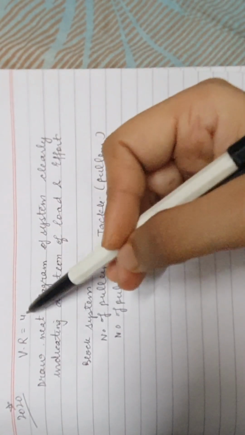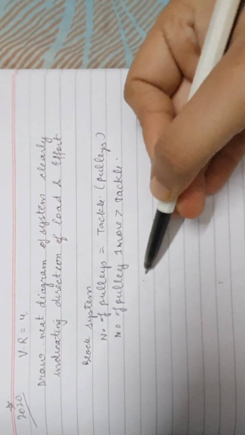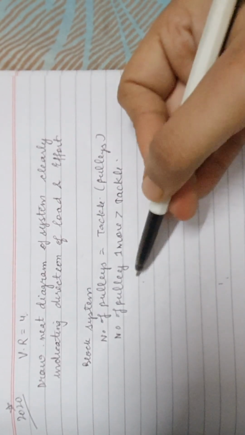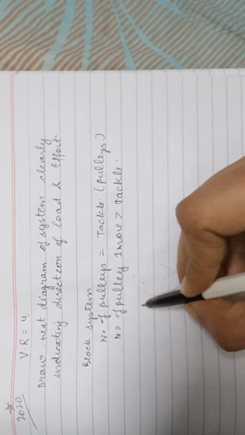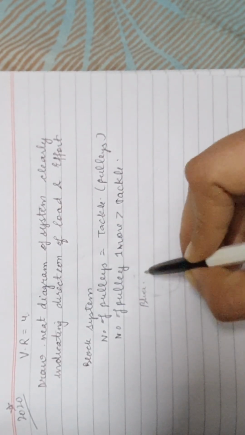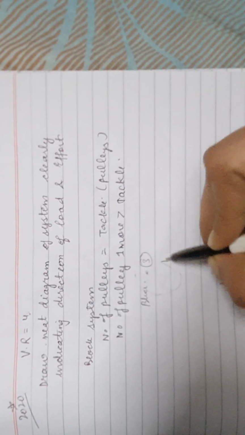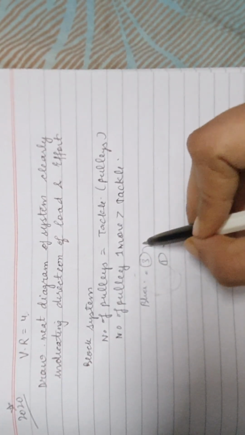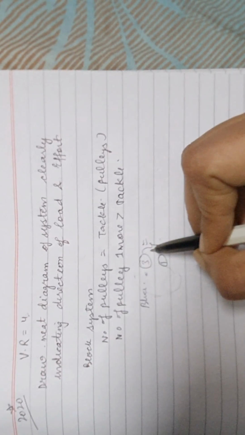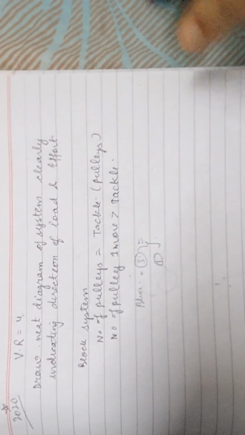Since VR is 4, an even number, we can easily divide it as 2 and 2, that is 2 in block, 2 in tackle. I cannot write 3 and 1. Why? Because if I write 3 pulleys in the block and 1 in the tackle, the total is 4 pulleys, but the rule clearly says that the number of pulleys could be only one more. Here you can see the difference is 2 pulleys, so that could not be done.